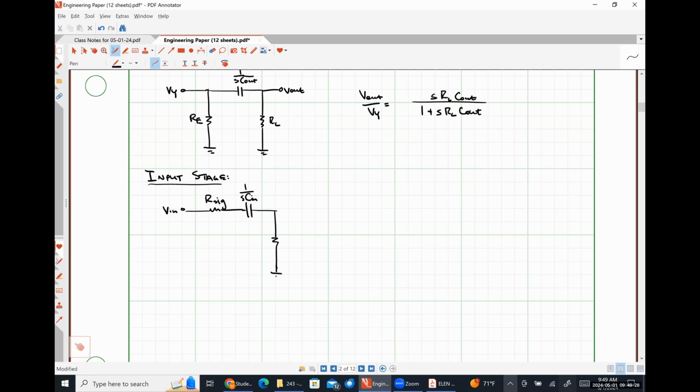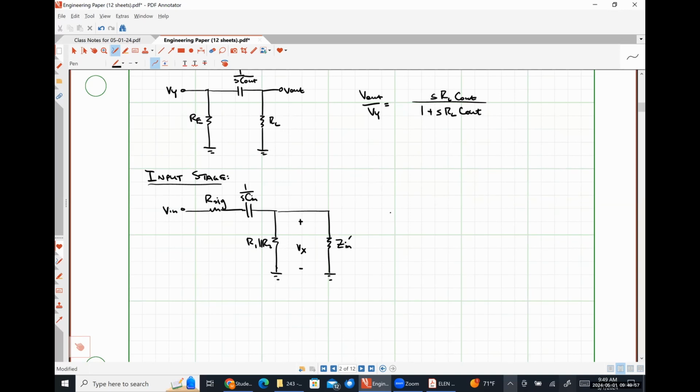Here's R1 in parallel with R2. Here's our voltage Vx. And then we have this resistance here, which I'm going to call Zn prime.